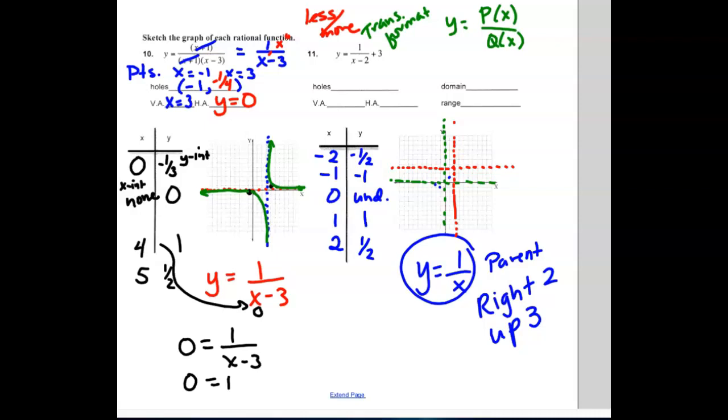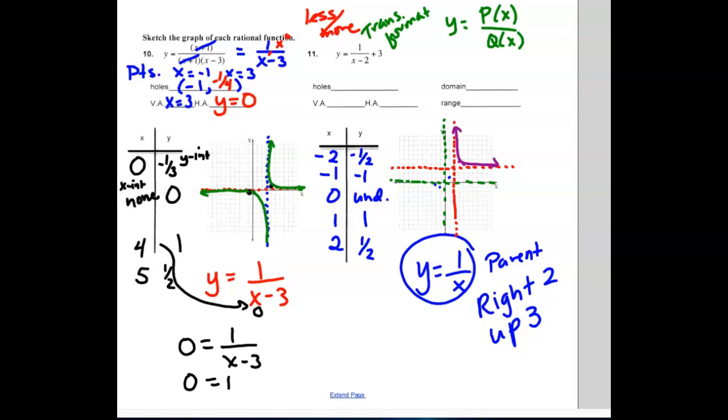All right. So we had a point at 2, 1/2. If I shift it right 2, I'm at 4, and up 3 puts me at 3.5. I had a point at 1, 1. Shifting it right 2 puts me at 3, and up 3 puts me at 3, 4. So we have a branch coming down here.